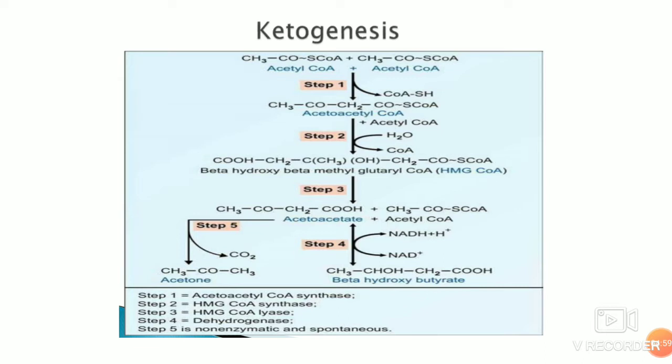Then further it is converted to acetoacetate and acetyl CoA with the enzyme HMG CoA lyase. Acetoacetate can be converted to either acetone through non-enzymatic decarboxylation or to beta hydroxybutyrate via beta hydroxybutyrate dehydrogenase.